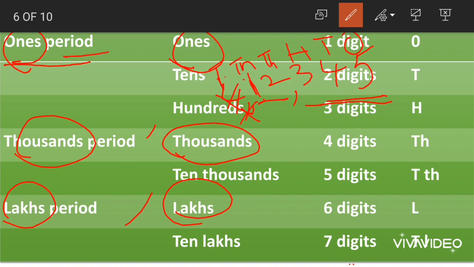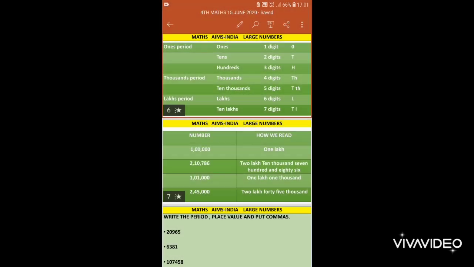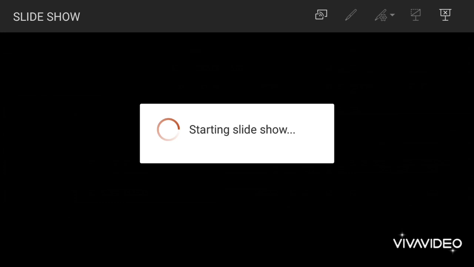Now, why are periods important? Periods are important because we place commas on the basis of periods. Or you can simply remember it this way, that we place the first comma after 3 digits. After how many digits, children? We place the first comma after the 3 digits.